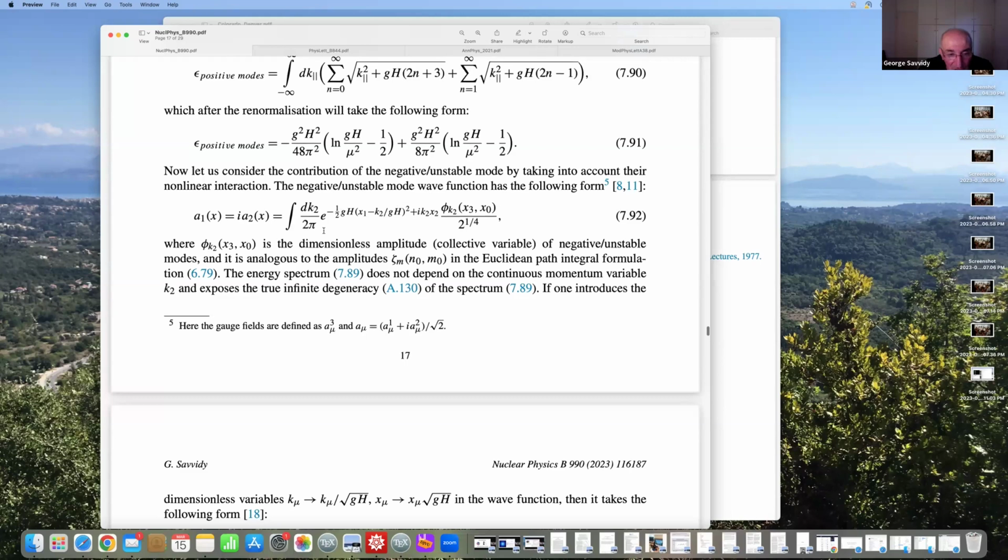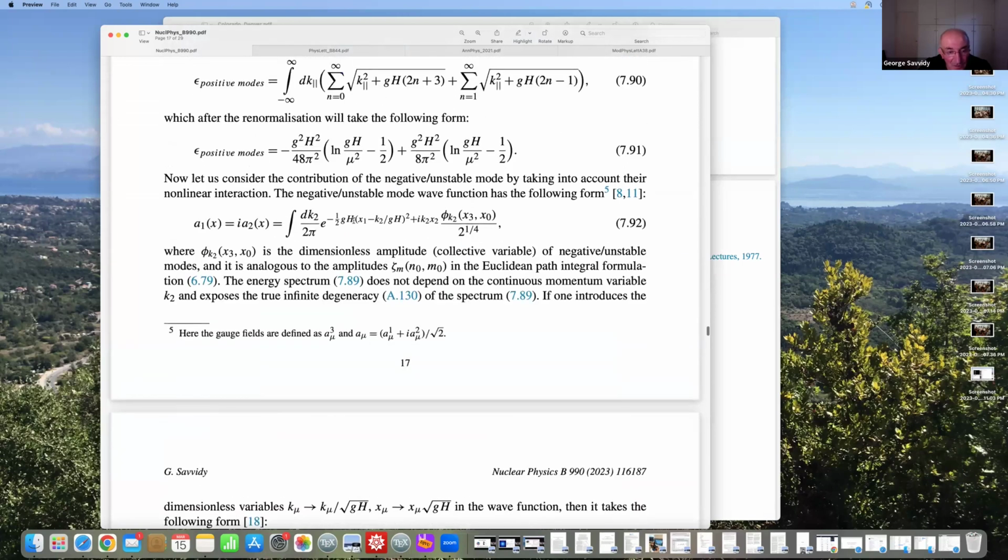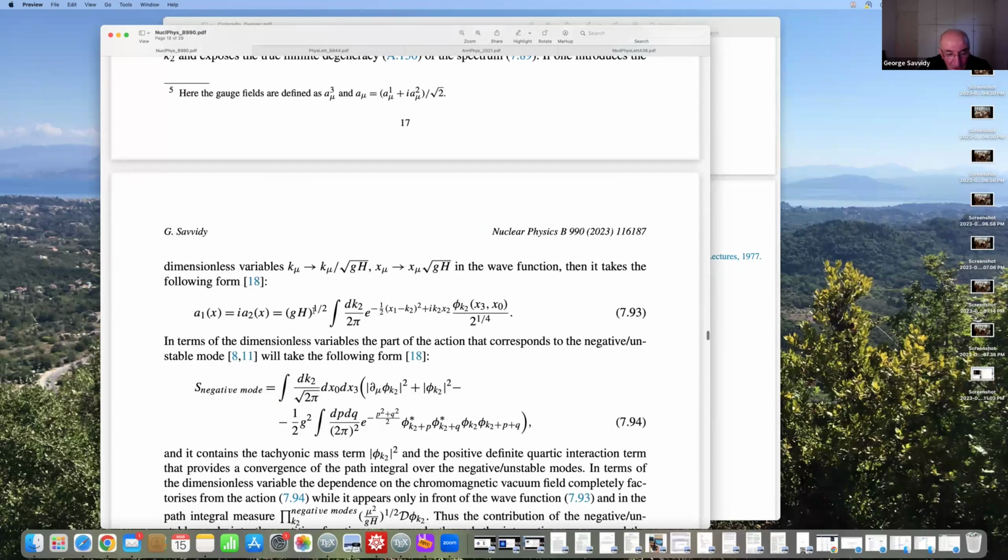If you do this exchange of the coordinates, the dependence on the field is factorizing. I discussed this with Holger and with Jan. For some reason they had not seen this. So you see this integral, which depends on the field and coordinates and momentum. If you do this substitution, which I found before, you see again the dependence on the field factorizes.